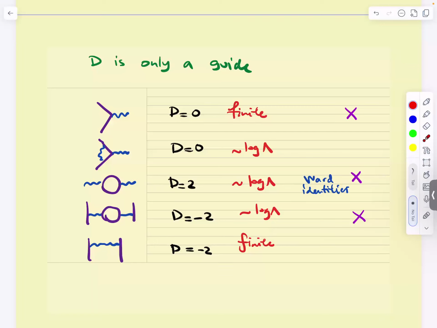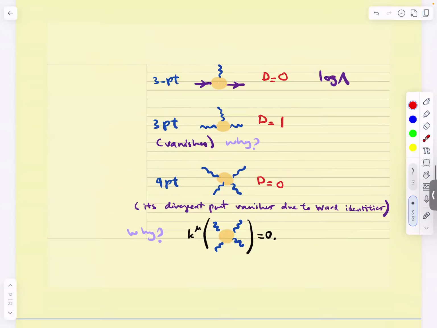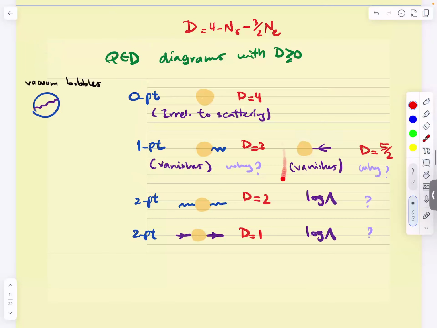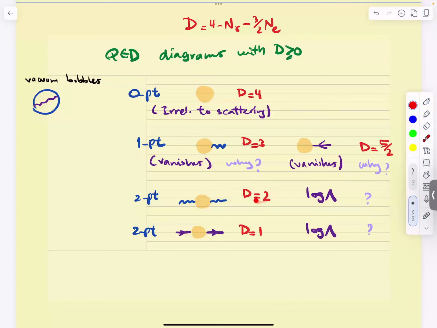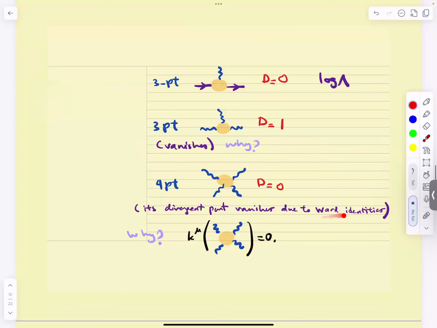This is a very, very curious case. So this tells you that the analysis that we had above is sketchy. Why? One phenomenon that led to the superficial degree of divergence not being an accurate representation of the divergent structure was that the most divergent term was somehow unphysical and was ruled out by Ward identities or gauge invariance.